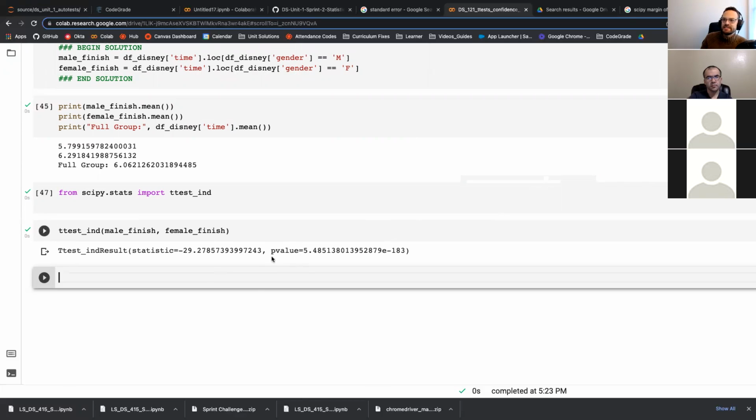Even though the running times come from the same age bracket, like the running times do come from that same population, the fact that they are two different groups, with that additional variable of being male or female, means that independently speaking, these could still be considered part of two different distributions. So although the times are from the same area, because we split them up into two separate populations, we now have a difference between the two groups.